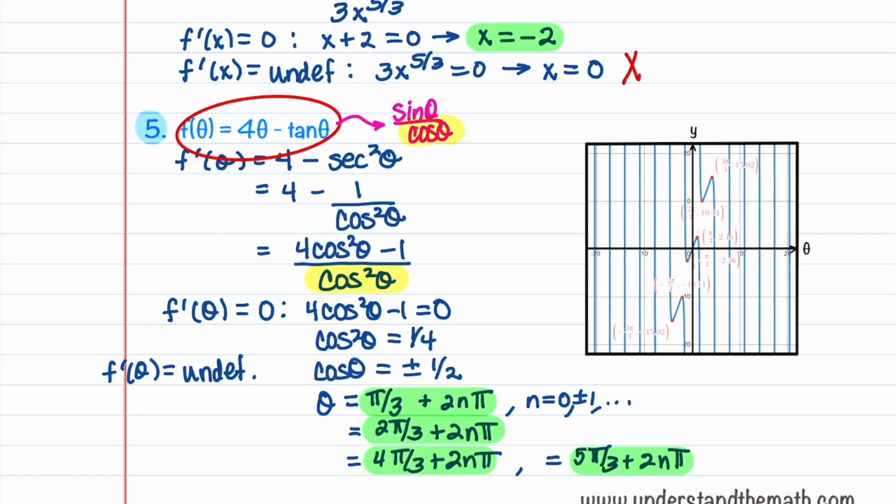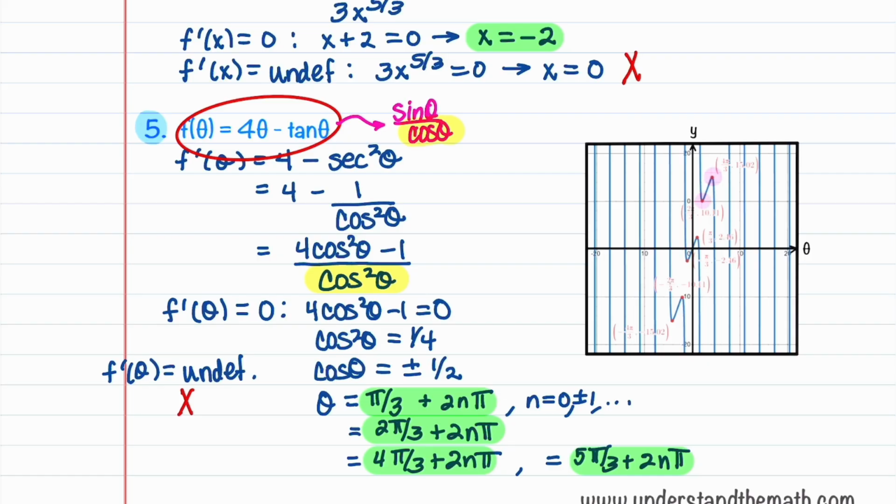Because of this, we are not going to have any critical points from where the derivative is undefined. So these critical points that I highlighted in green are our only critical points. I went ahead and graphed this, even though the graph is really kind of hard to look at. It has all these lines because of the values that are to the right and the left, but what I want us to focus on is these points right here.